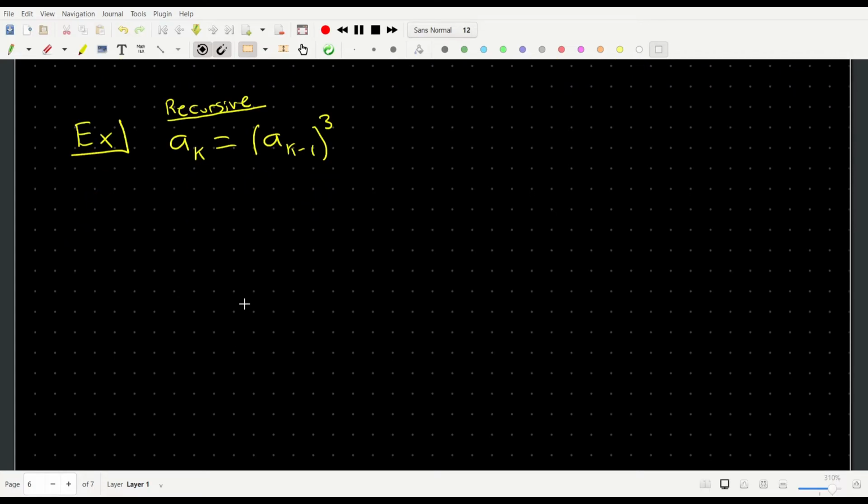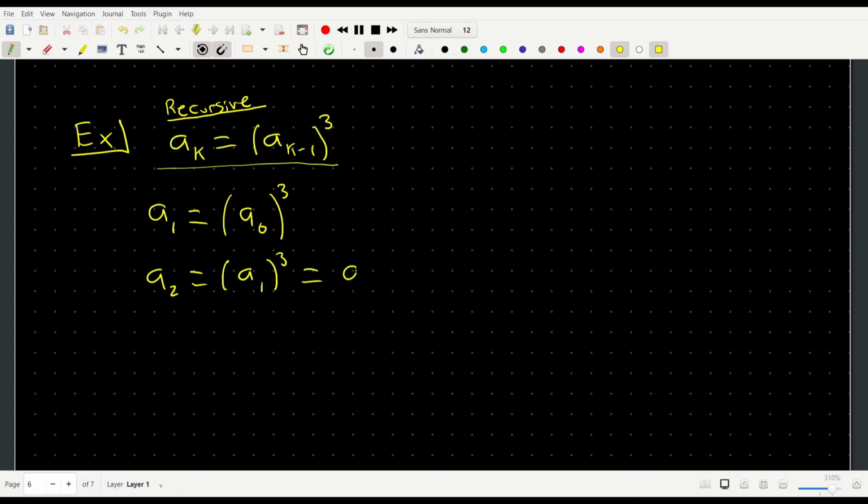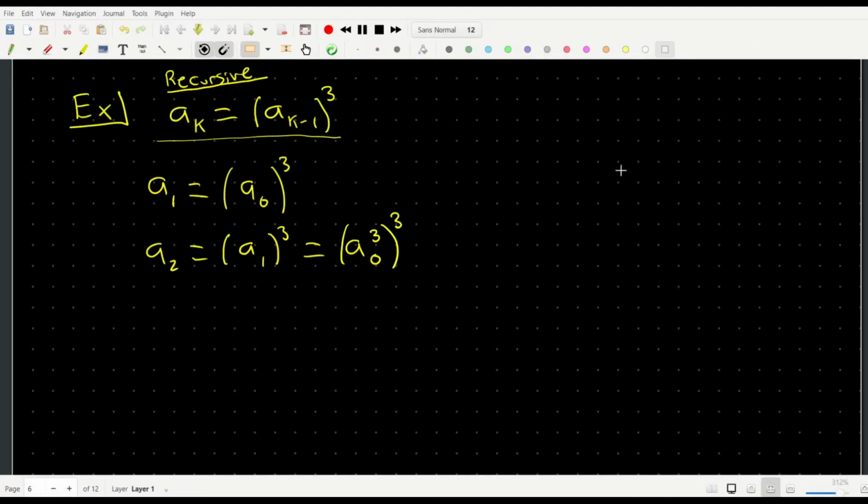You see, a1 here is going to be a0 cubed. a2 then is going to be a1 cubed, which is the same thing as a_{k-1} cubed, a0 cubed, which is in fact the same thing as a naught to the 3 times 3, or a naught to the 3 squared.